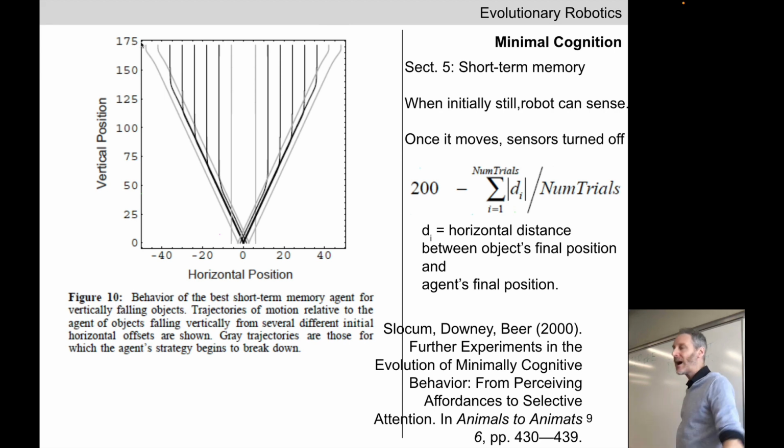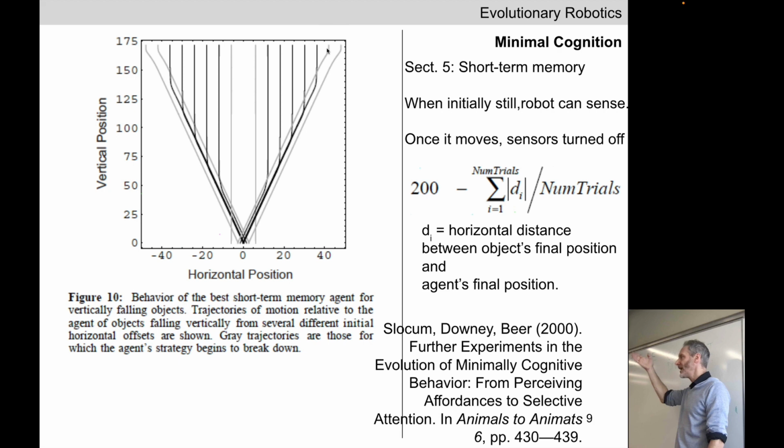So upper left, up here, the object was placed above and to the left of the robot. Upper right in this figure, the object was placed above and to the right of the robot. And all of these objects start falling directly vertically. They're all falling straight down, which is represented by these lines here.